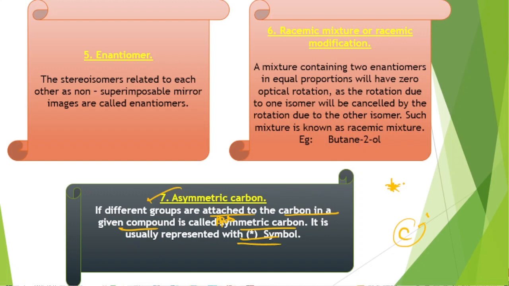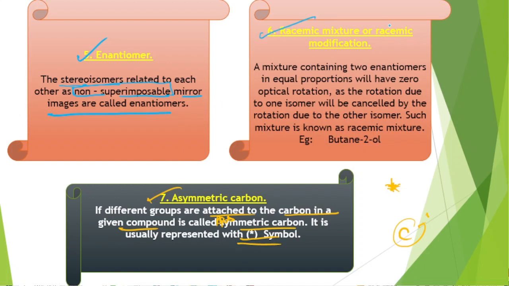Clear? What are enantiomers? The stereoisomers related to each other as non-superimposable mirror images are called enantiomers. Then the mixture, the racemic mixture.